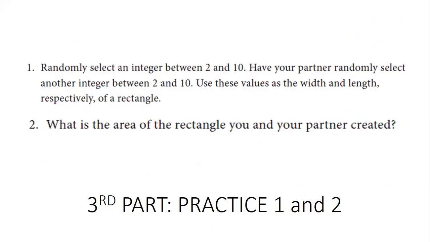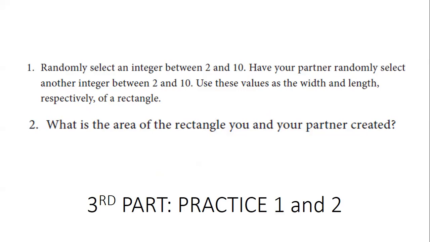All right. So we're going to do it as a class. We're going to create our own transformation. So we're going to randomly select an integer between 2 and 10.